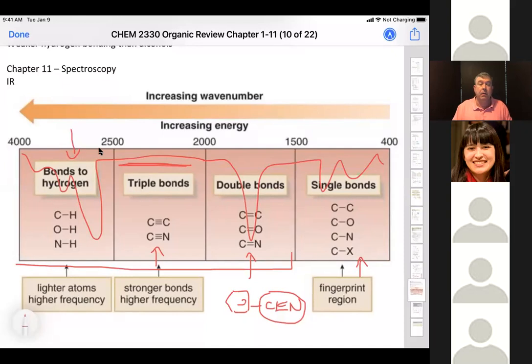It can't be that compound. But if I showed you another spectrum and it had a peak here, you could say it can be that compound. I have to look for the other peaks, those carbon-carbon double bonds and the hydrogens above 3000 for the benzene ring. Okay, so you're looking for the presence and absence of peaks when we're talking about IR.